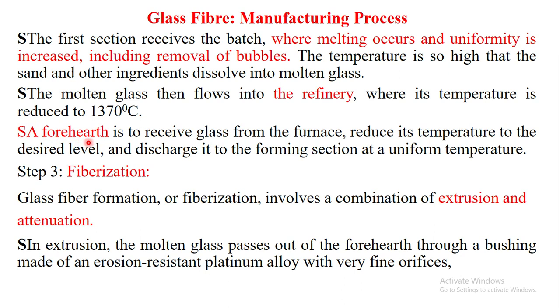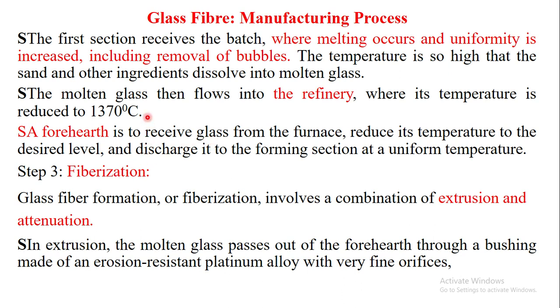The third section receives glass from the furnace, reduces its temperature to the desired level, and discharges it to the forming section at a uniform temperature. Here, the temperature is reduced to a uniform level.